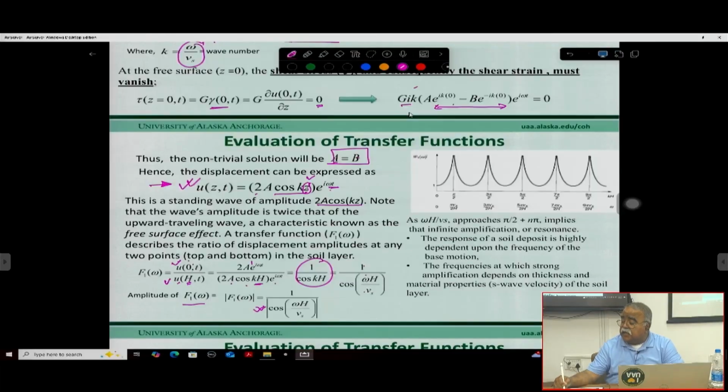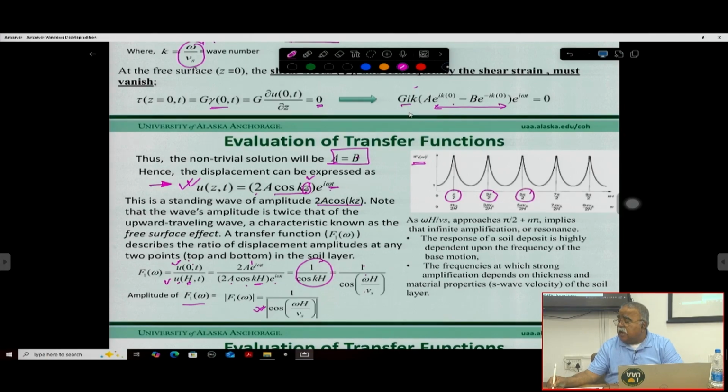If you plot this relation, on this side it is F1 and on this side it is omega, or kh. Whether you put kh or omega h by v, you can see that it will have a peak at every pi by 2 interval: pi by 2, 3 pi by 2, 5 pi by 2.